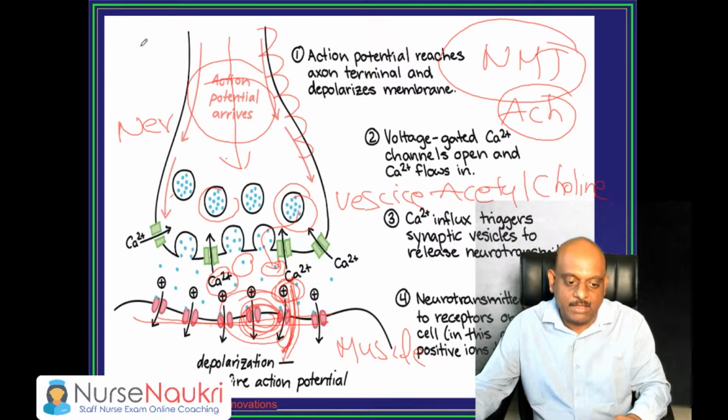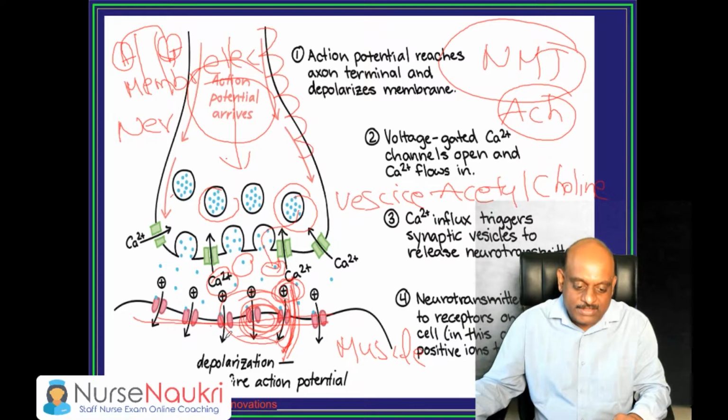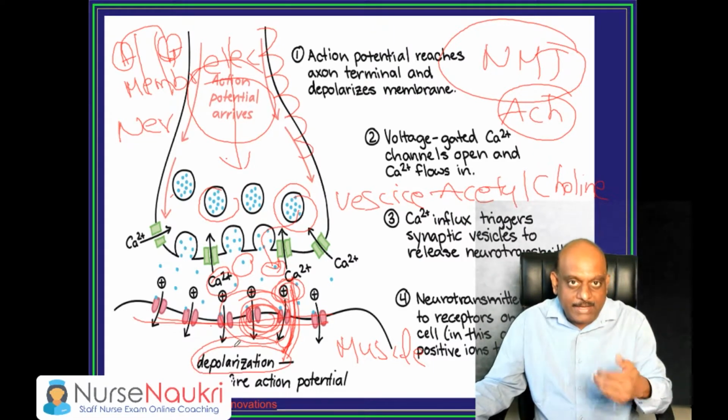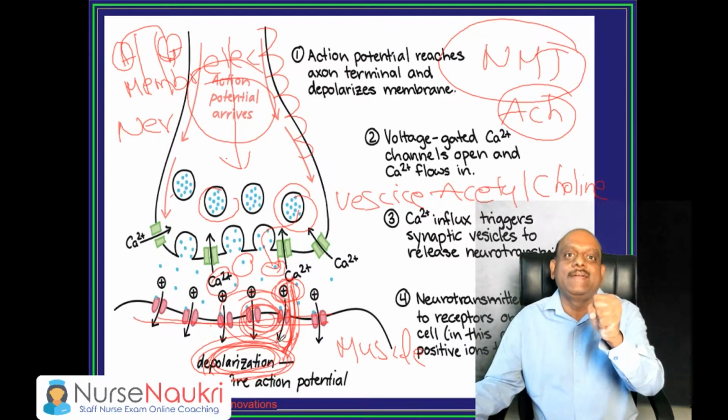Always you should remember, in any membrane, there are positive ions on one side, negative ions on the other side. And typically, across the membrane, there is something called membrane electrical potential. That membrane electrical potential change created by the movement of the calcium ions is basically called depolarization. And this depolarization will make the muscle contract.